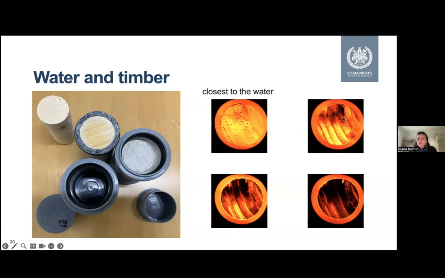So here is the picture that you saw before in the first slide. Here we are closest to the water, and then we go further into the wood, or into the timber. It's quite interesting that the water is not equally distributed. Here we have a lot of water, but here are regions where there is much less water.